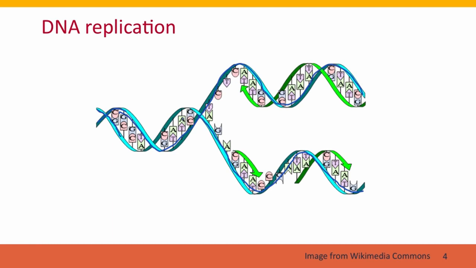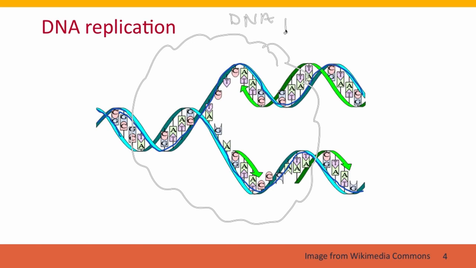What's not shown here is who's doing the work, and that's the enzyme DNA polymerase, which is actually a very complex factory of proteins, which, if we drew it in, would completely obscure what was happening to the DNA.